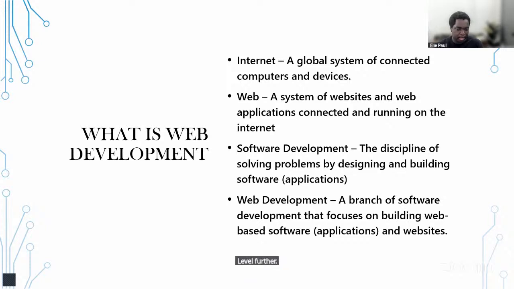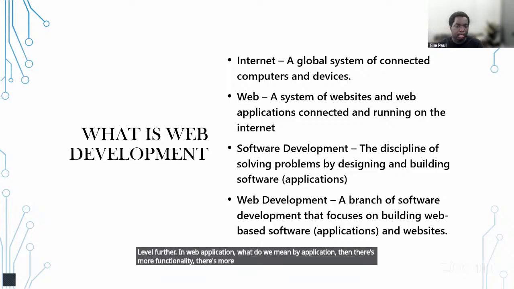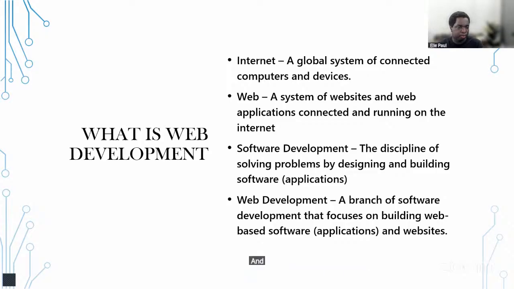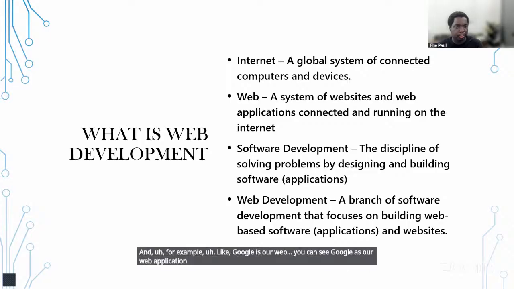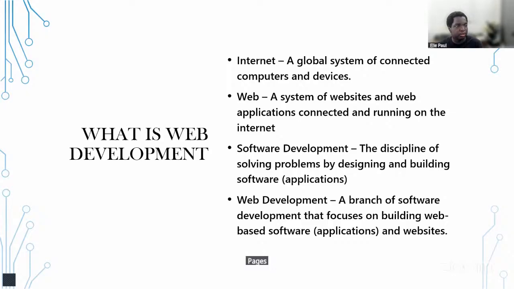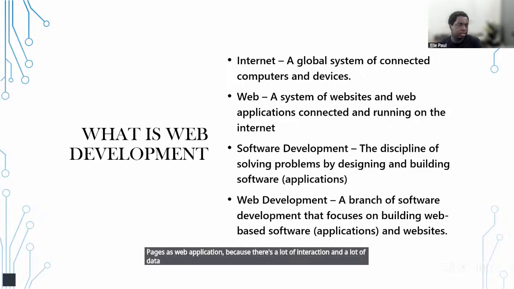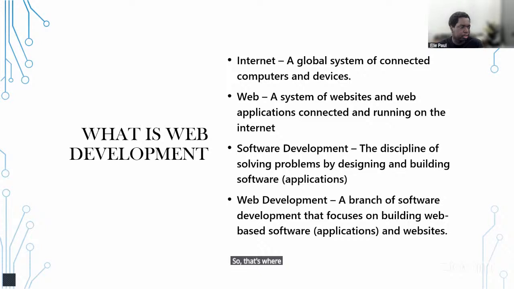And with a web application, when we say application, there's more functionality, there's more interaction. For example, you can see Google as a web application. There's interaction. We can see those social media pages as web applications because there's a lot of interaction and a lot of data transfer. Based on what you do, you might see something else. So that's where we go into application.